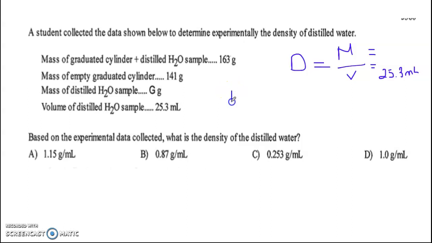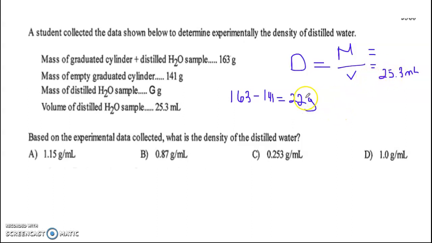So we're going to take 163 minus 141 grams. And when we do that, we get 22 grams.